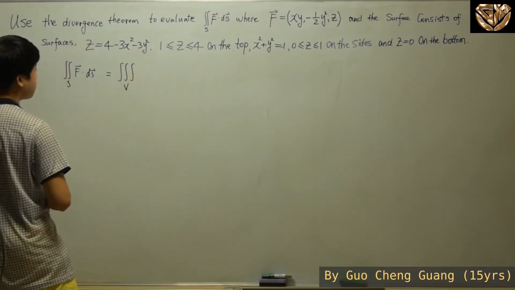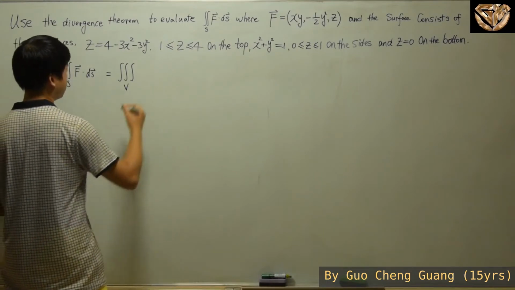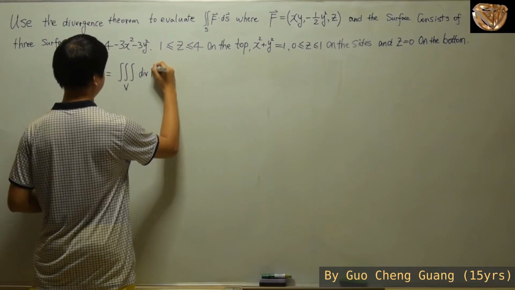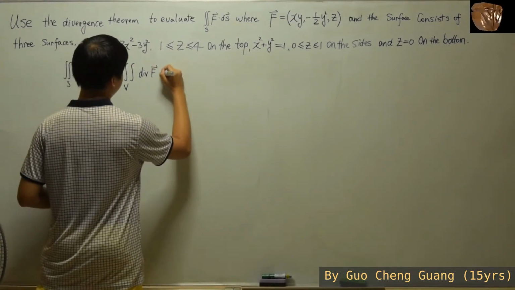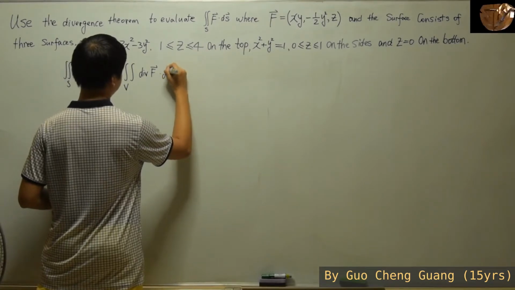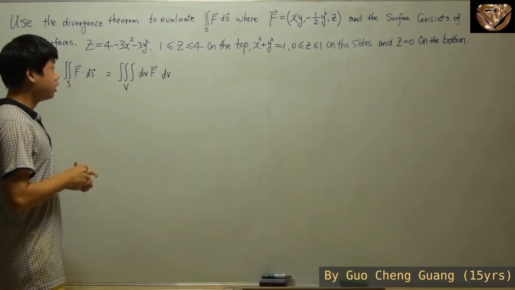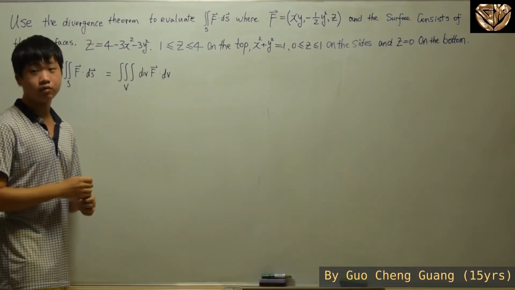Let's say we use V, alright? Why would it be called the divergence theorem? Well, you have div F vector, and then you will have dV. This is the kind of thing that you will be looking at.